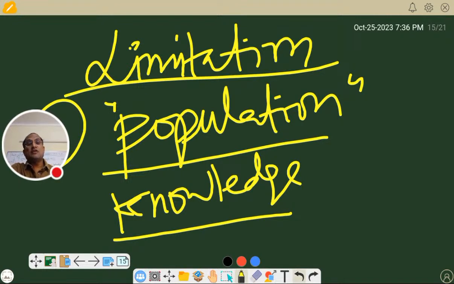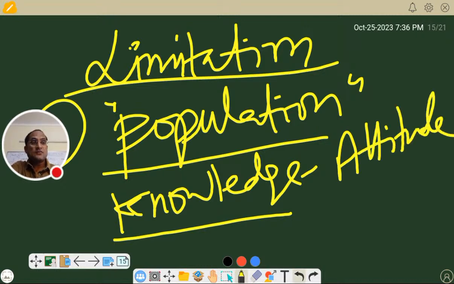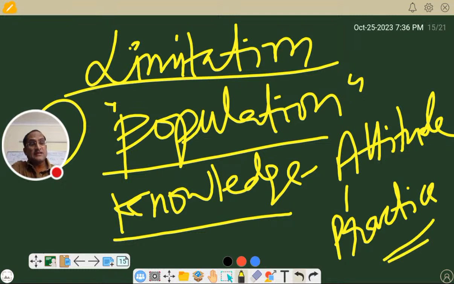They know how to keep a small family. There is technology. The attitude of people, if you ask them questions, is also pro small family norms, which they want to follow. But in practice, they are not following the same.